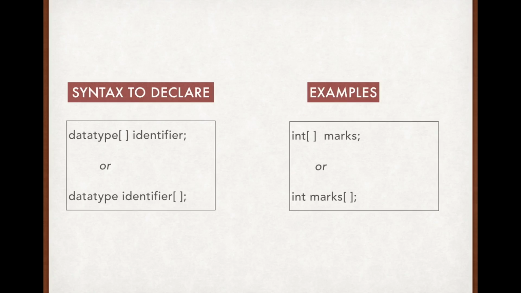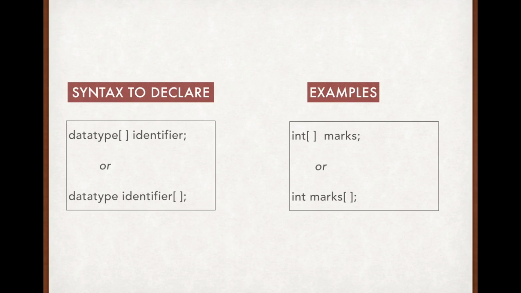We can see what type of data. So if you want to maintain a group of integers, replace the data type by int, then followed by a set of square brackets and followed by some identifier, some variable. Or you can put that set of square brackets after the marks.